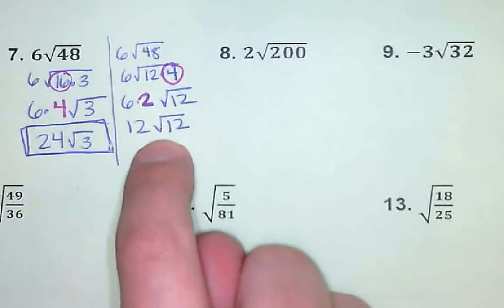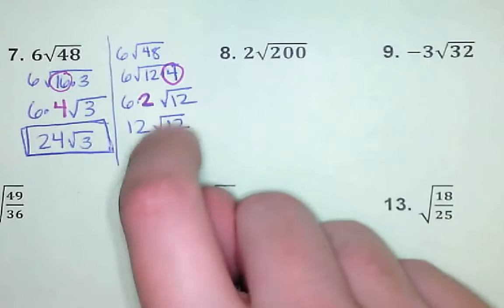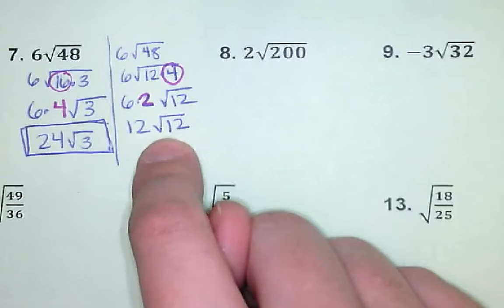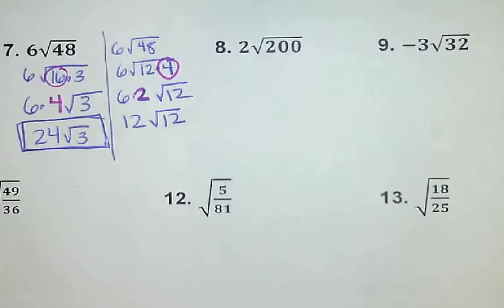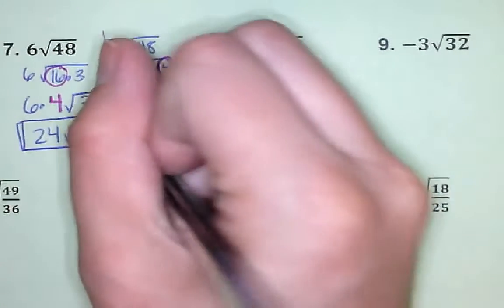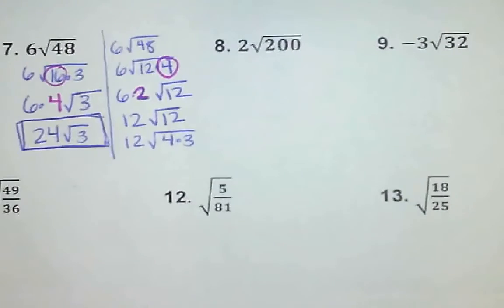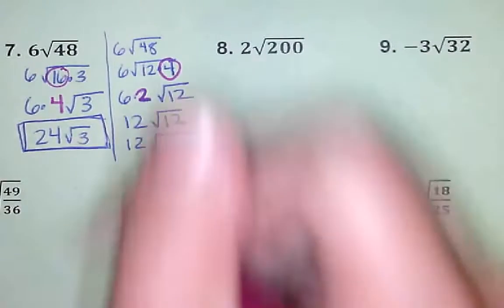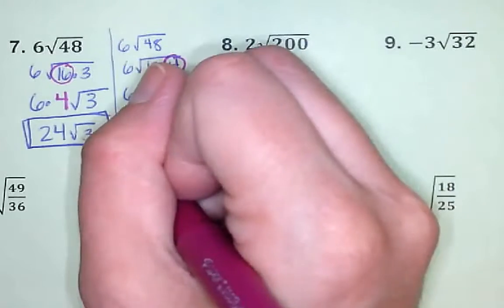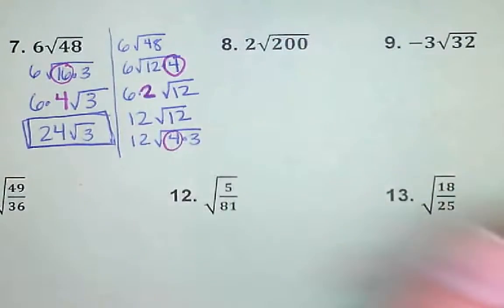What else can I do to this square root of 12, y'all? Yeah, you can break it down into 4 times 3. And guys, what's the square root of 4? 2. So this becomes 12 times the square root of 2 times the square root of 3.